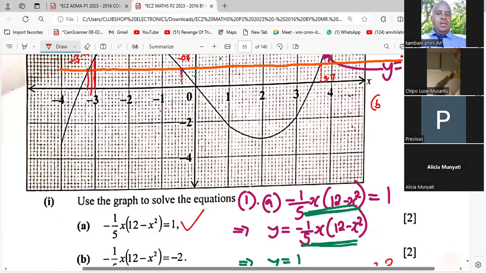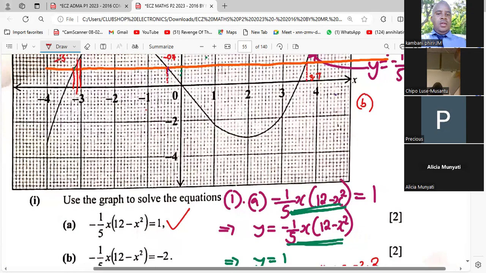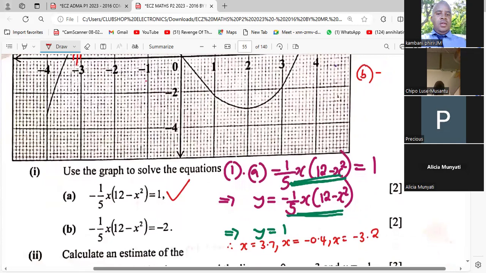B. Let's observe what we want to find with B. Sir, for instance, if here we are given -1/5x, then in the bracket, the same 12 minus x squared equals to -2, like part B, so what we are dealing with.